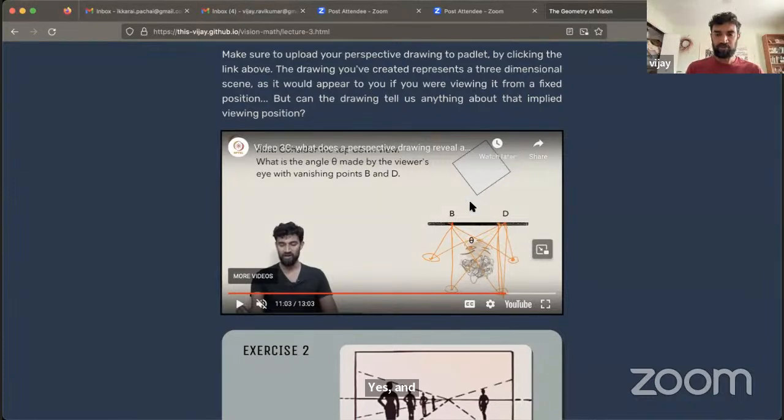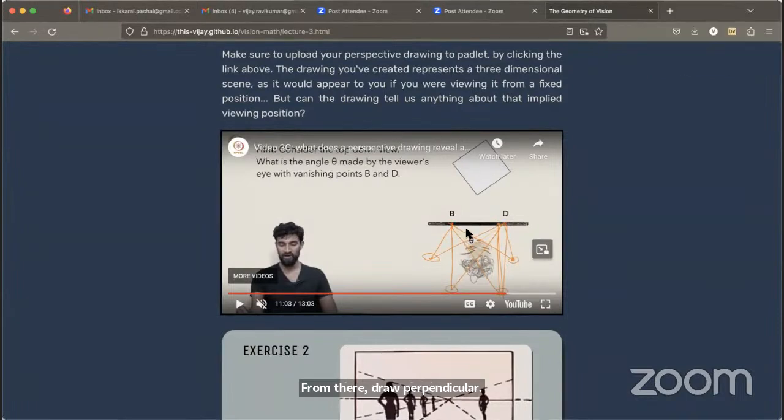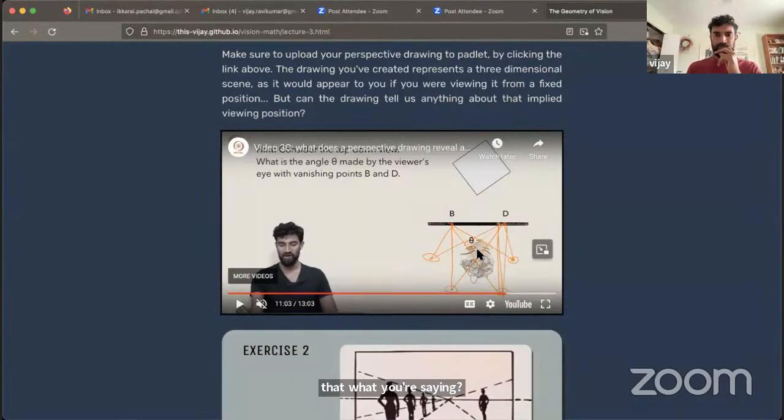From there, draw a perpendicular to the picture plane. Is that what you're saying? Yes, sir. I don't think that'll work because I don't see why that would work.